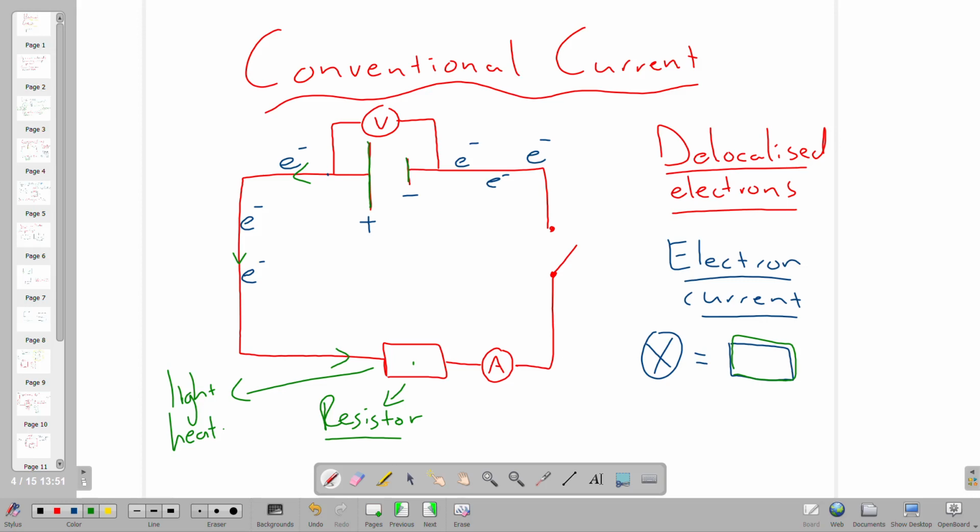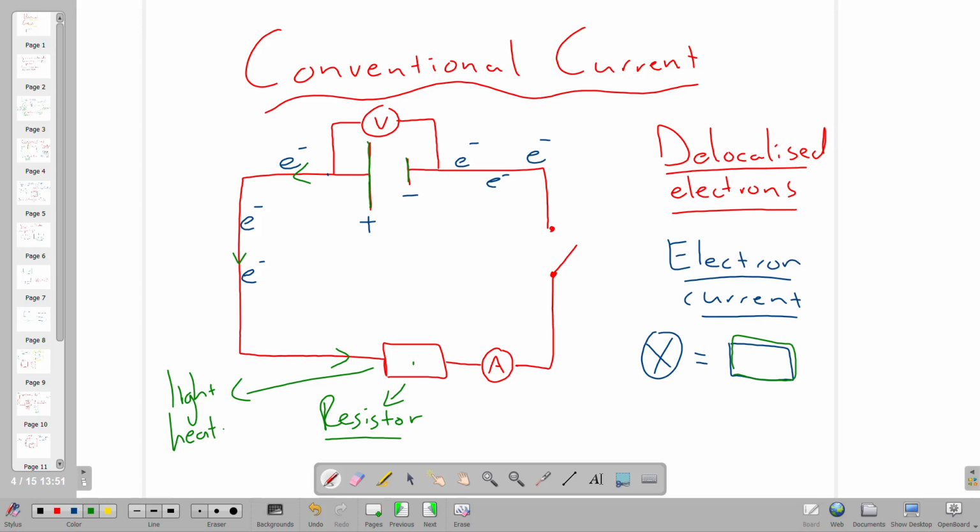These days we use fluorescent bulbs. Some stoves still use high resistance filaments to heat up if you don't have a gas stove. So resistors convert electrical energy to light or heat or sound or anything like that. Anything where there is a conversion of electrical energy to something else, you'll find that it's a resistor.